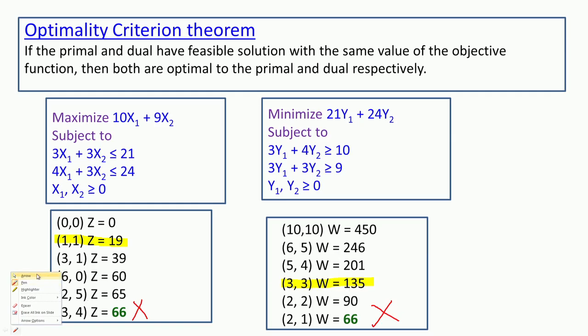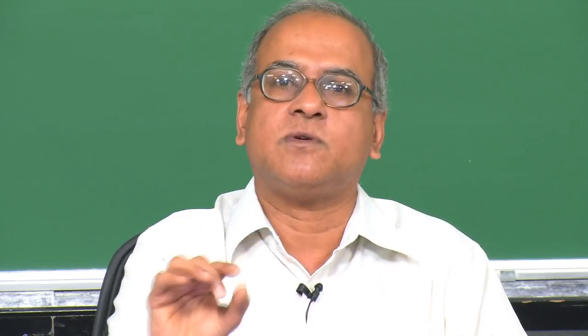The objective function values are different, but based on these two alone I can say that both primal and dual will have optimum solutions. Not only that, the value of the objective function will be the same. That is our main duality theorem.